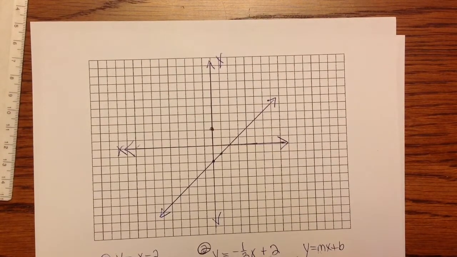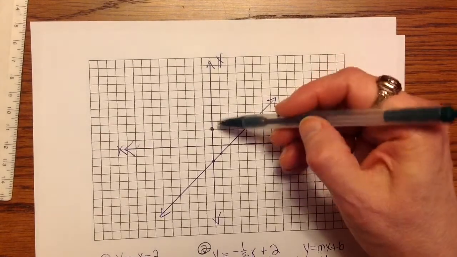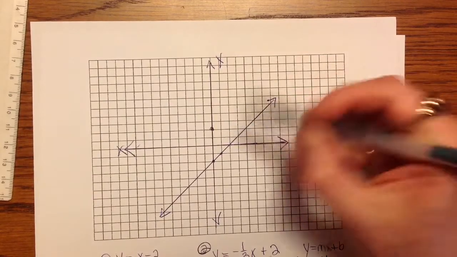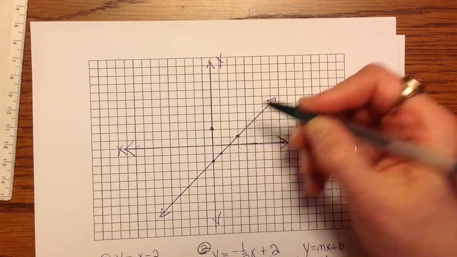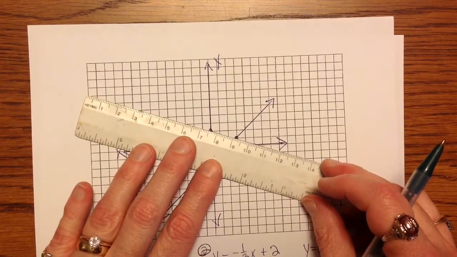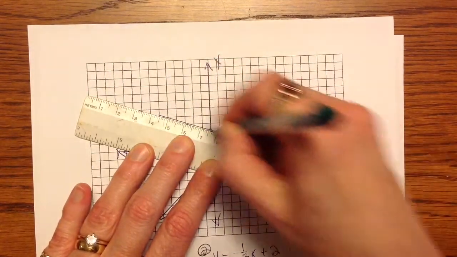So I'm going to rise a negative 1 and run a positive 3. Now if you flip that over, you would have had a positive 1 rise and a negative 3 run, which will give you the very same line. So I'm going to rise a negative 1 and run a positive 3, which makes it really nice and easy to find that solution because they do cross.